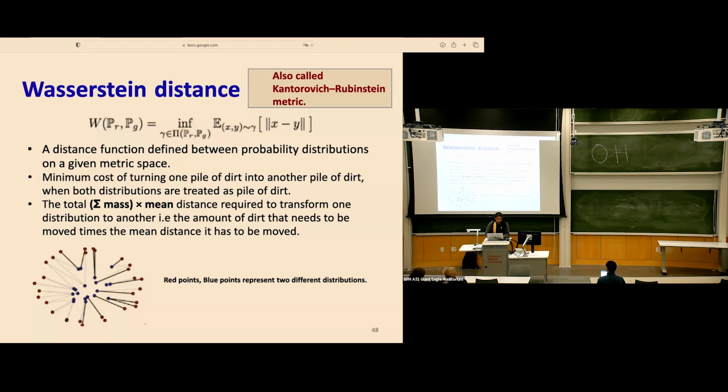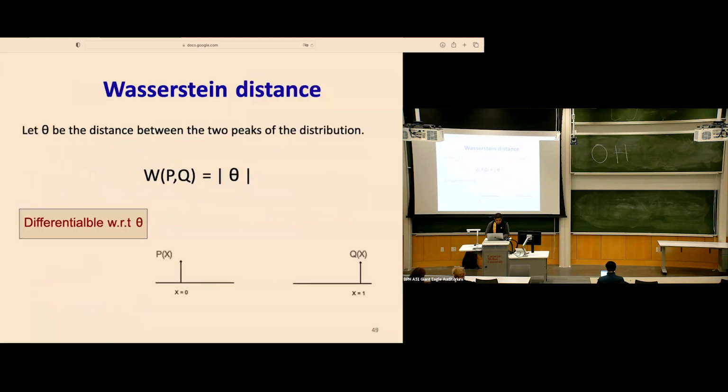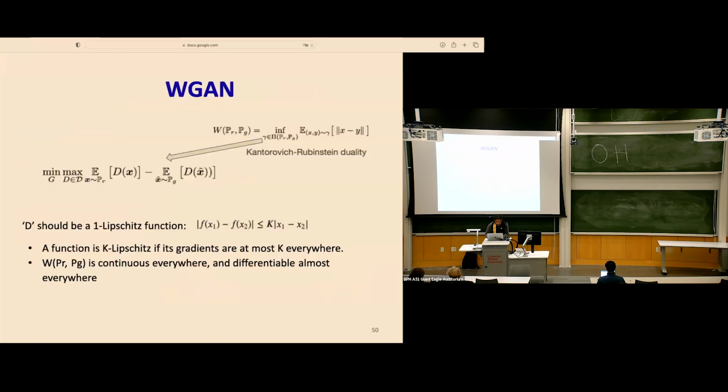There can be a lot of paths from one distribution to the other, but the optimal one is the Wasserstein distance. Back to our special case, the Wasserstein distance is just the value of theta here. Now it is differentiable.